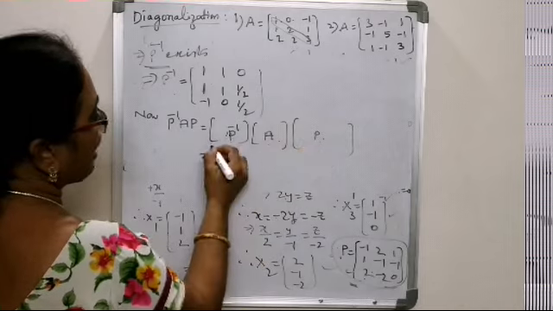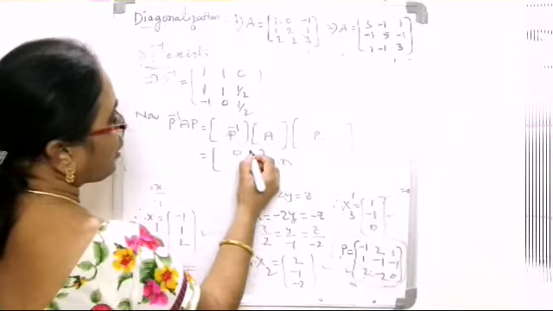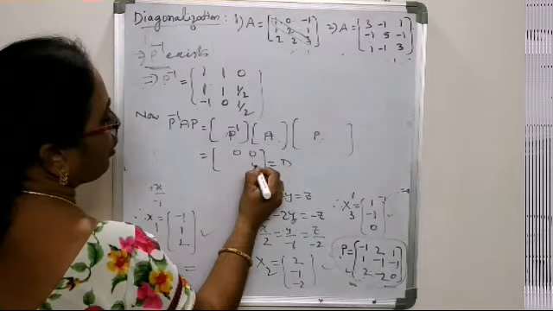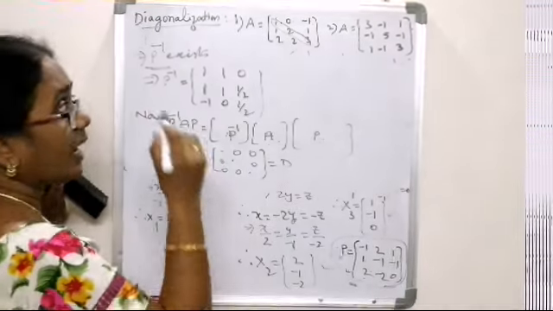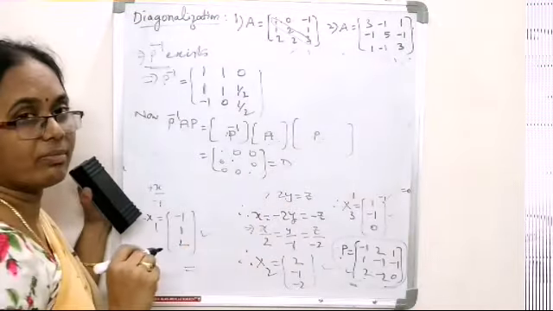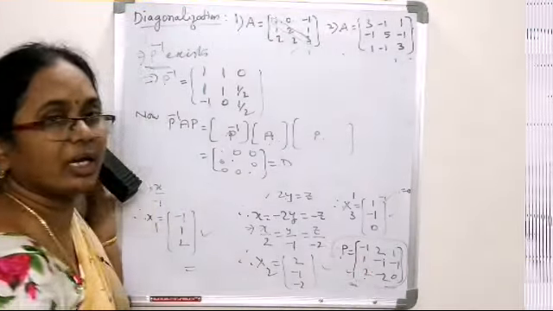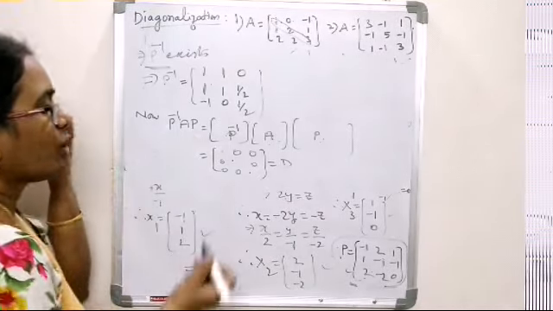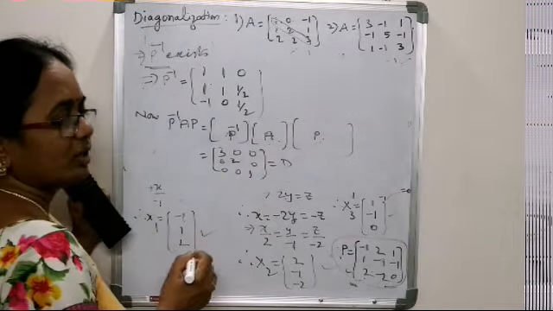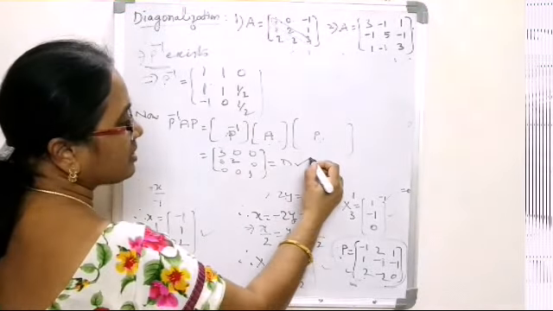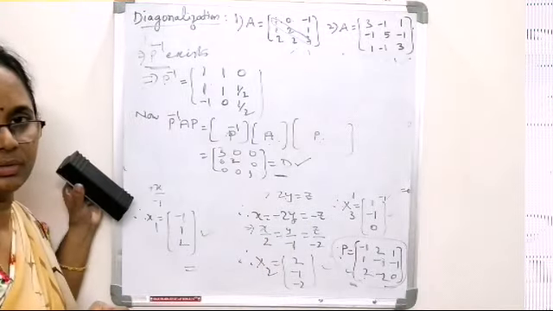When we multiply the 3 matrices, we are going to get a diagonal matrix, meaning all the non-diagonals are zeros, and the diagonals are the eigenvalues of the given square matrix in the same order as we wrote the eigenvectors for making the model matrix P. The order we have taken in the problem is 3, 2, 1. This is called the spectral matrix. It is the result of the process of diagonalization.